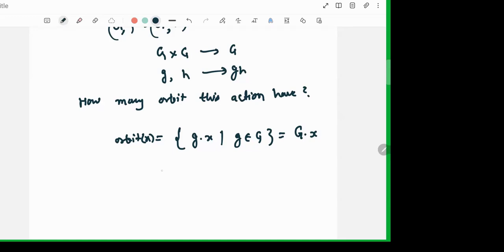So what is the orbit of any element? Pick any element of G. What is the orbit of that element?